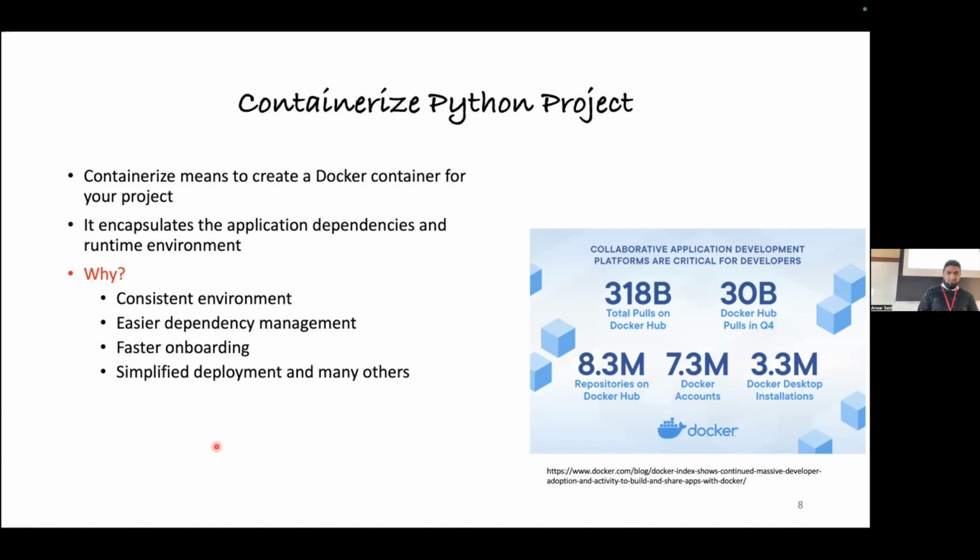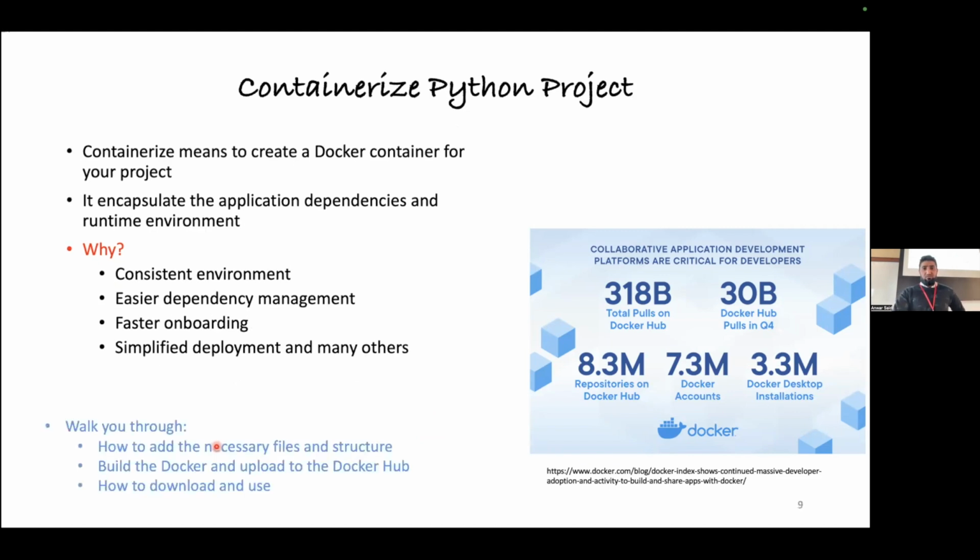It provides us a consistent environment, and the overall process is pretty simplified to deploy to many others. I'm also going to walk you through how to add the necessary files and structure to dockerize a Python project. We will build the Docker image, upload it to Docker Hub, and try to download and use that Docker image.